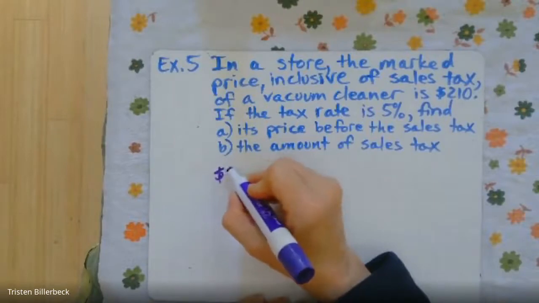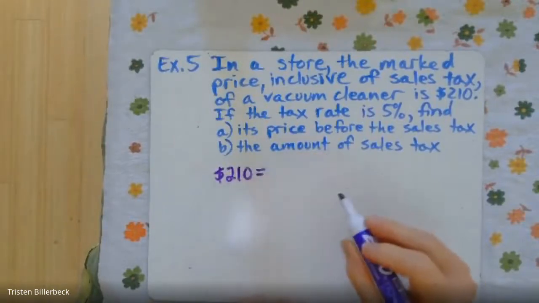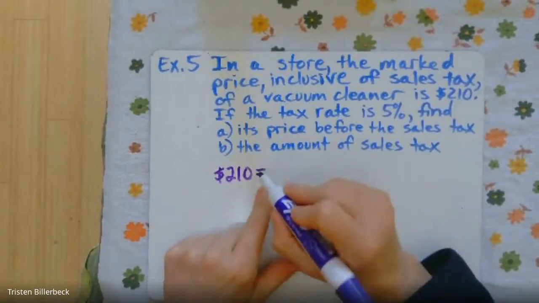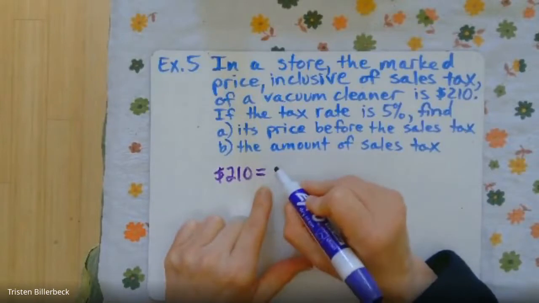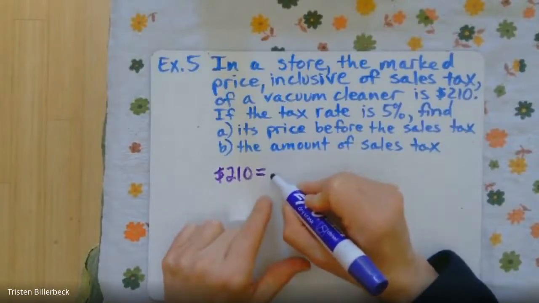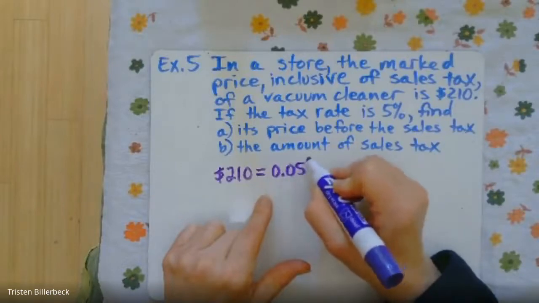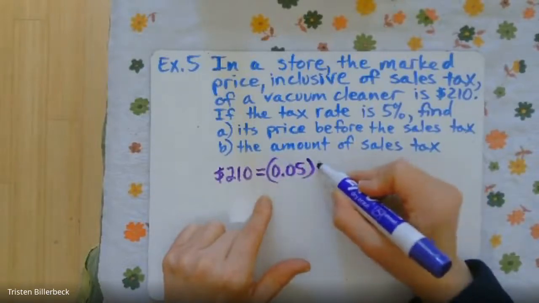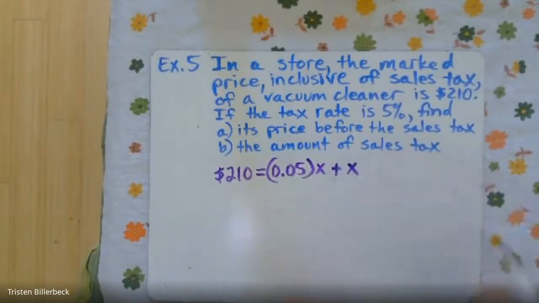So this one, we're going to have $210 equals, and we are going to write the tax, so 0.05 is the tax times some x plus the x, because we don't know what the x is. The x is what our price was before the tax.